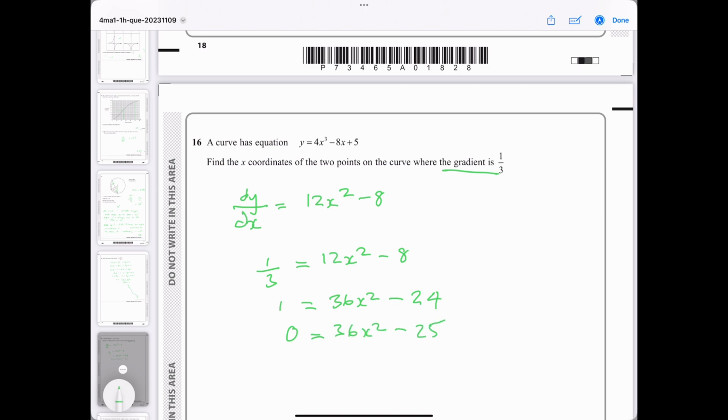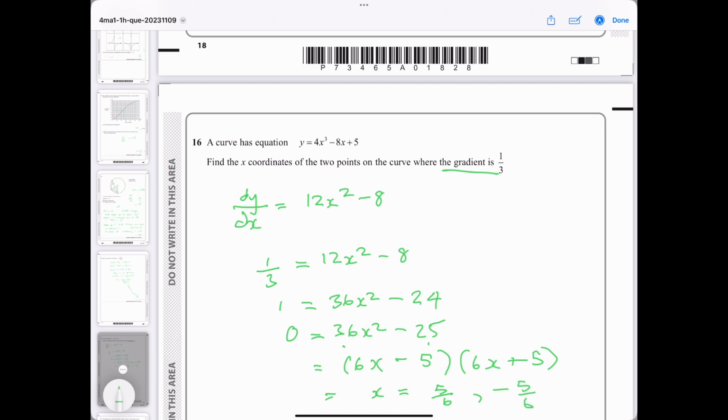So now we know what the 2 points are going to be. This is a difference of 2 squares, so it's going to be 6x and a 5, and 6x and a 5 with a plus and a minus in between, which gives us x equals 5/6 and minus 5/6.